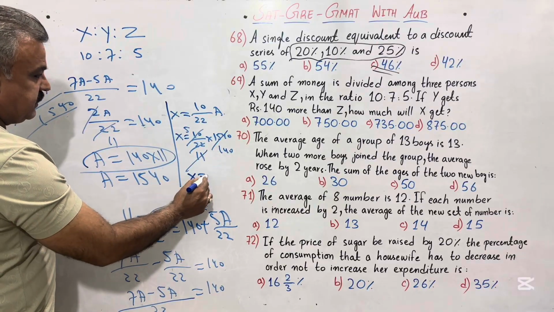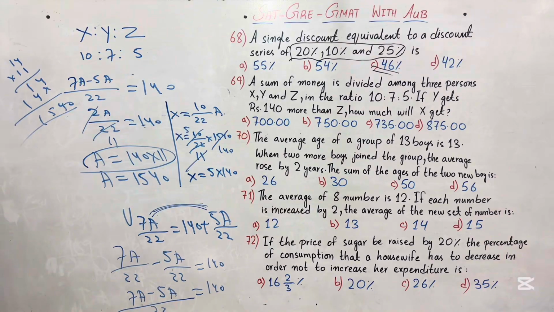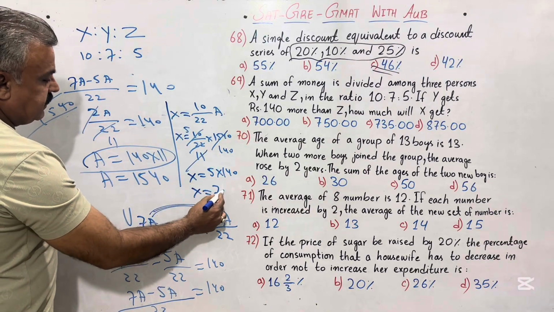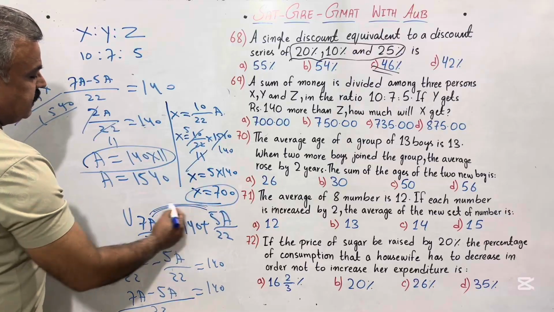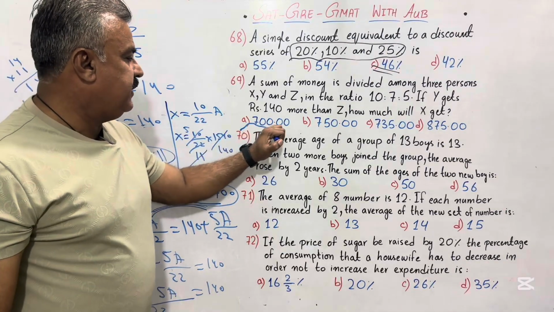So the share of X is 5 times 140, which is 700. So the share of X is 700 in that case.